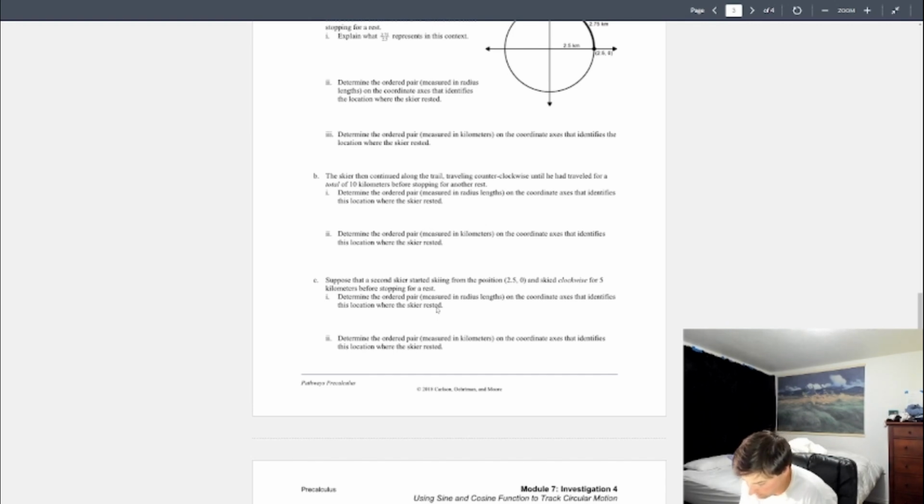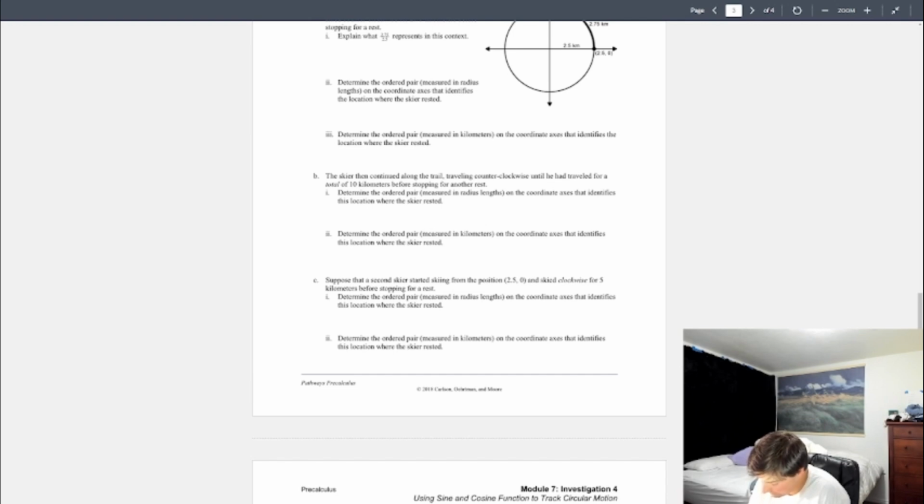Okay, and then we'll do the sine of negative 2 and the cosine of negative 2. Sine of negative 2 is negative 0.90. Cosine is negative 0.41. So it's negative 0.41, negative 0.90.